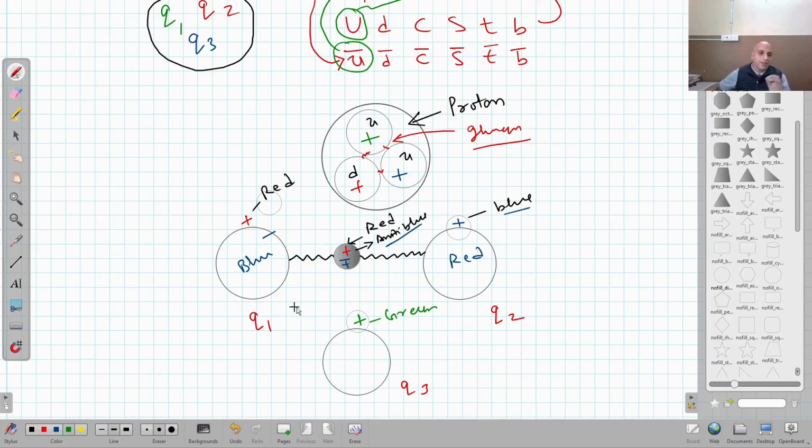Now when these three quarks interact with each other, I gave you the example of two quarks. These three quarks interact with each other due to the exchange of this particle, the gluon. I can draw these gluons here also.